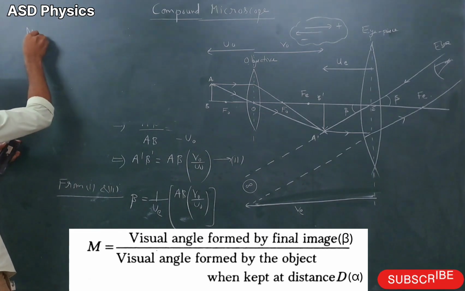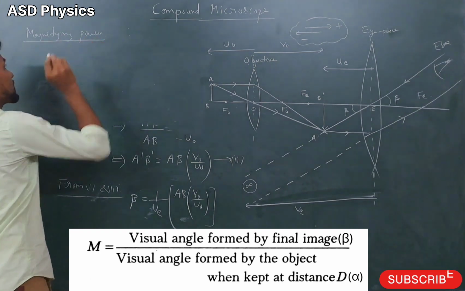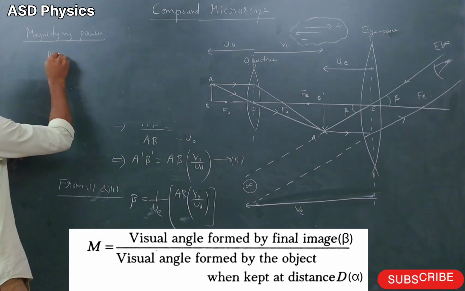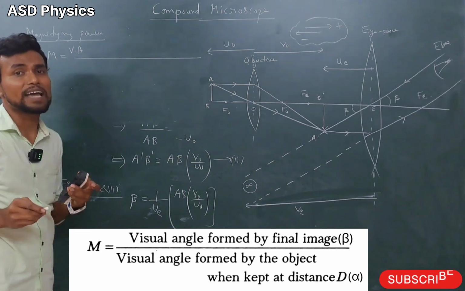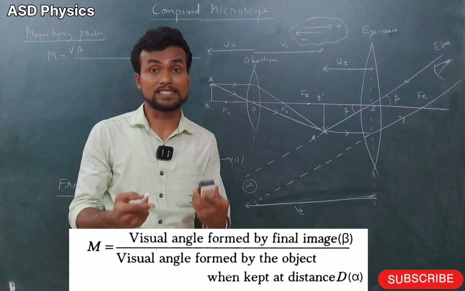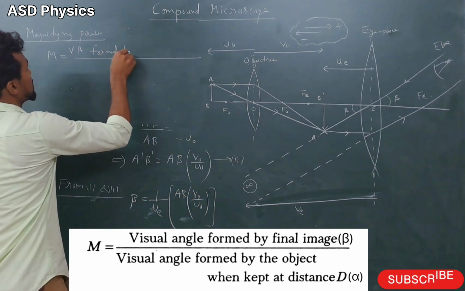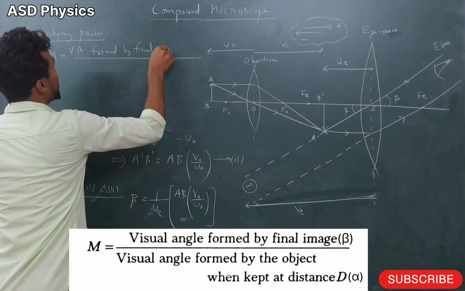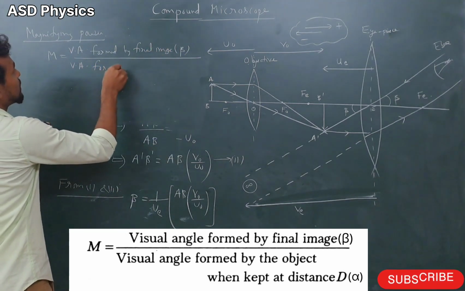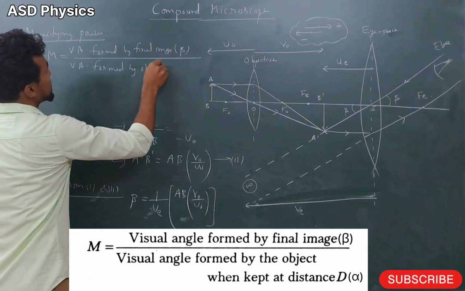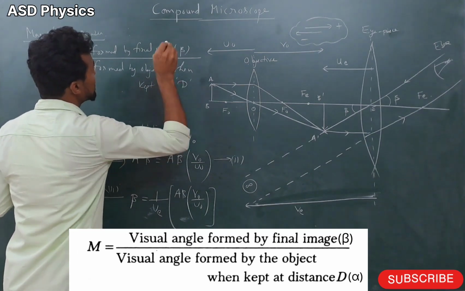Magnifying power m is equal to the visual angle formed by final image, which we will call beta, by the visual angle formed by object when kept at capital D distance.